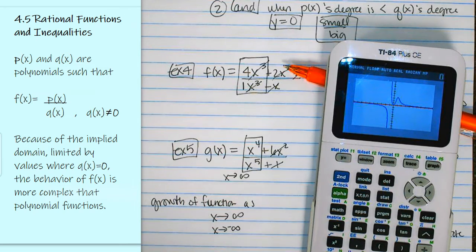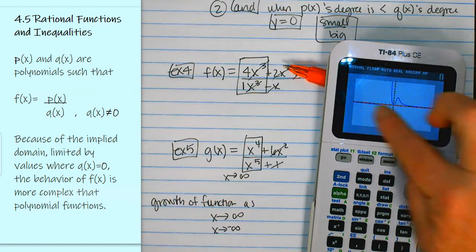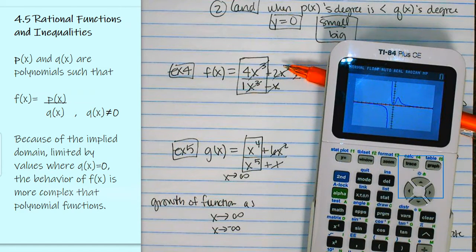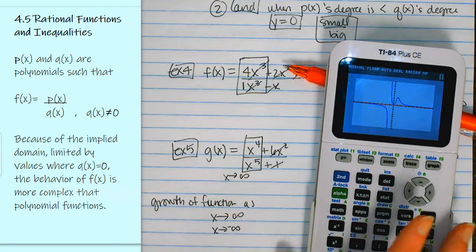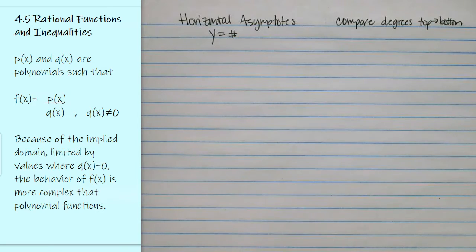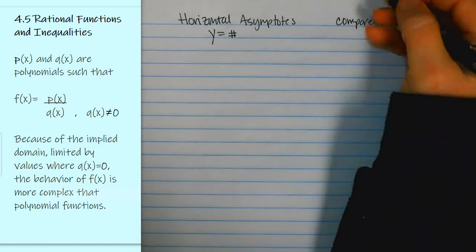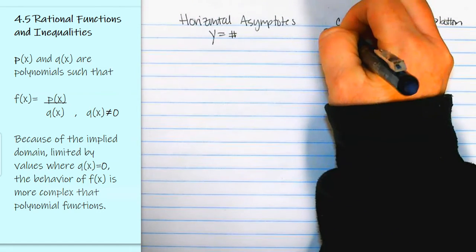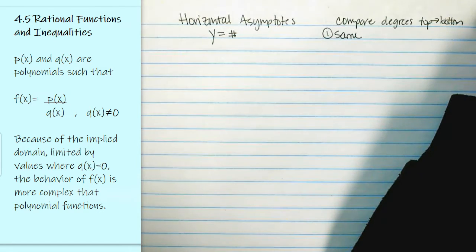So rational functions are way more interesting to look at visually. And we are focusing on the horizontal asymptotes today, looking at the degree of the top and the bottom. So in summary, with horizontal asymptotes, we're going to compare the degrees from top to bottom. If they're the same, then you have a horizontal asymptote.